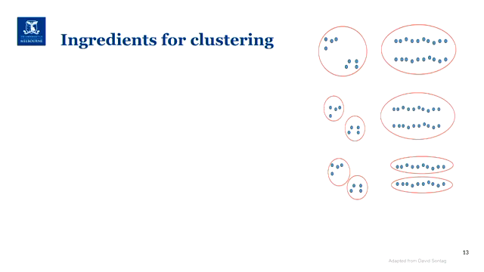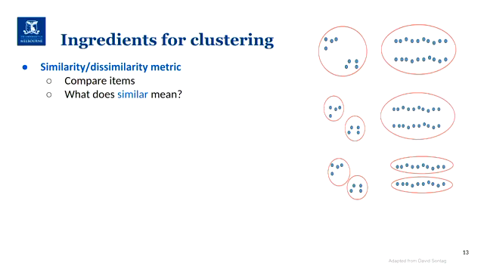And there are 3 main ingredients for clustering. The first ingredient is one that we exhaustively discussed, which is trying to find the similarity or the similarity metric in order to compare the items of the clustering. Most of the clustering algorithms will deal with distances. And of course, we always get to the point of asking what does similar mean.